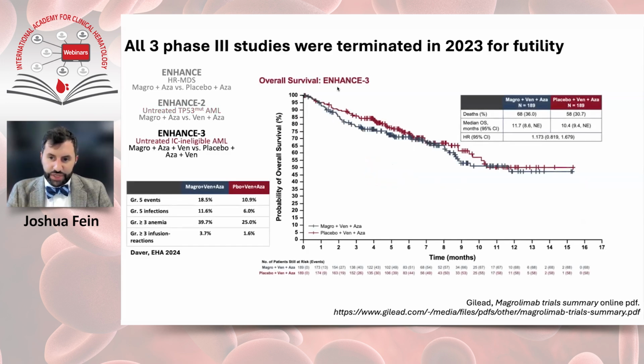And then here is the enhanced 3 cohort. And again, we see a marked increase in grade 5 events, 18.5 versus 10.9 with placebo. Those are a lot of infections. Grade 5 infections were 12% versus 6%. And as anticipated, much more anemia and doubling of grade 3 or higher infusion reactions.